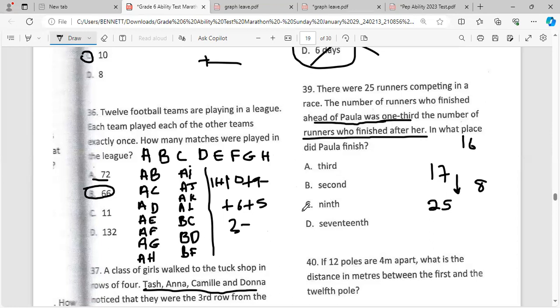So let us explore 9. If she finished 9th, that means 8 persons finished ahead, right? 1/3 of 16. So 9th means 8 persons finished ahead, and from 25 take away 9. What's the number for that? 16.